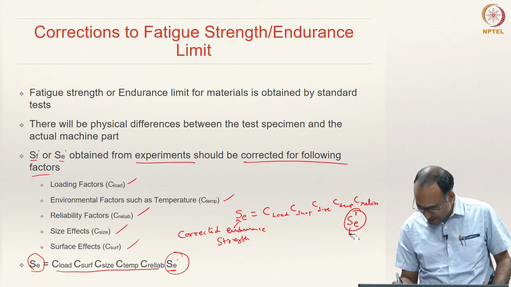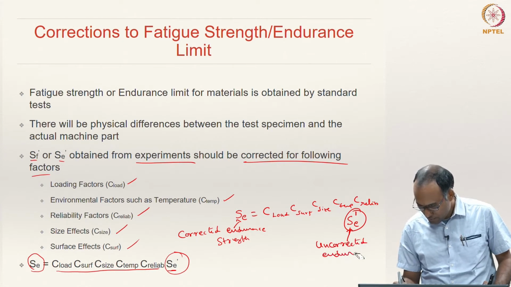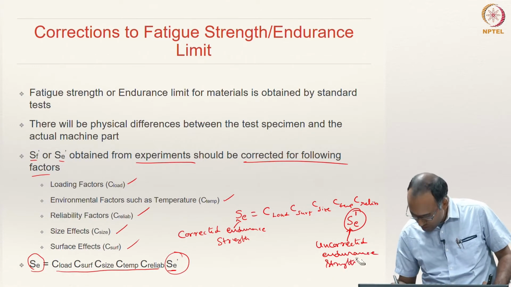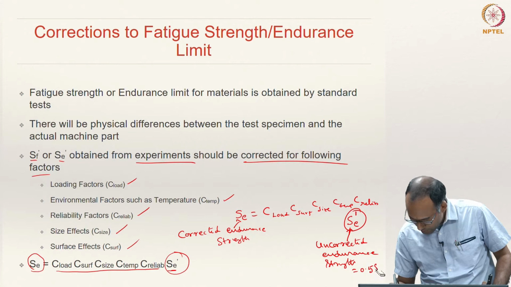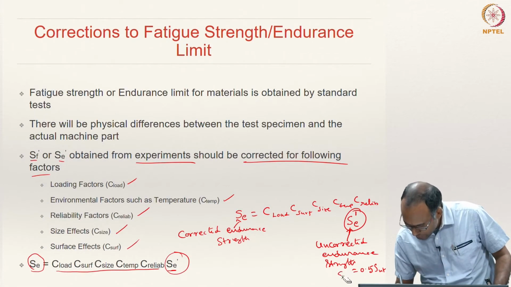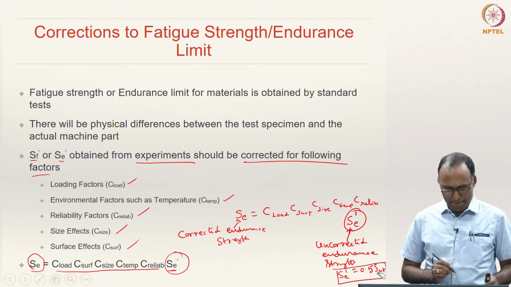And what is this SE dash? This is our uncorrected endurance strength. That is equal to 0.5 times SUT. We know that for steels SE dash is equal to 0.5 times SUT.